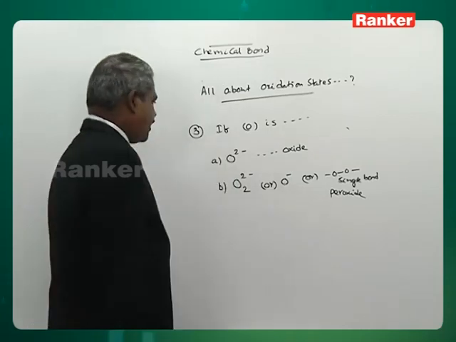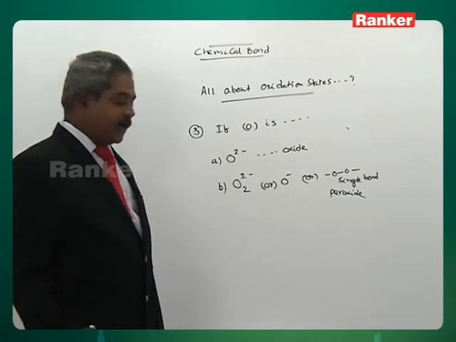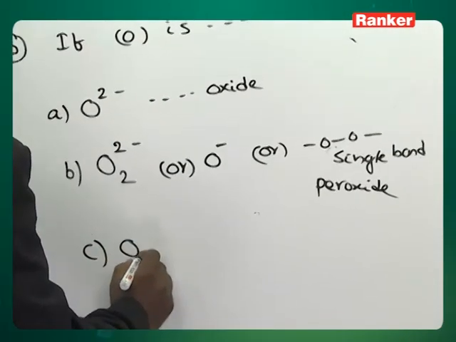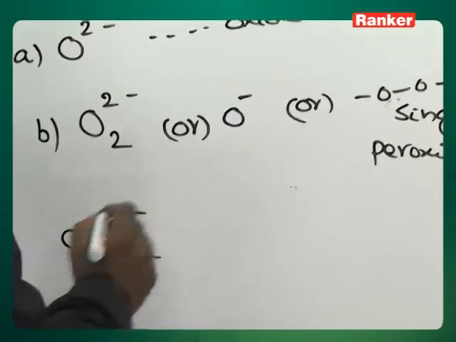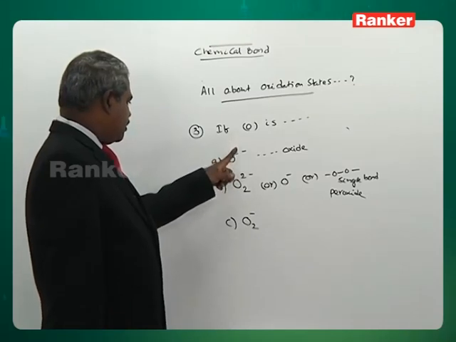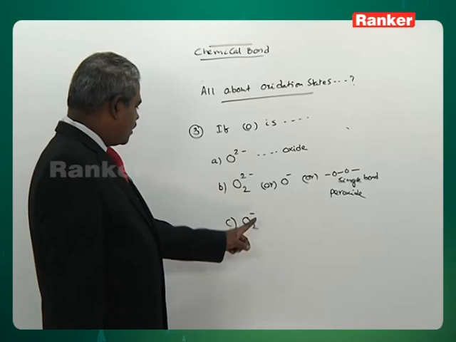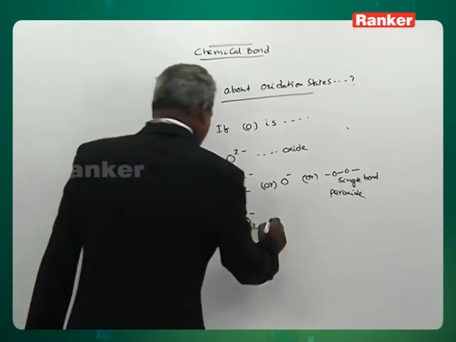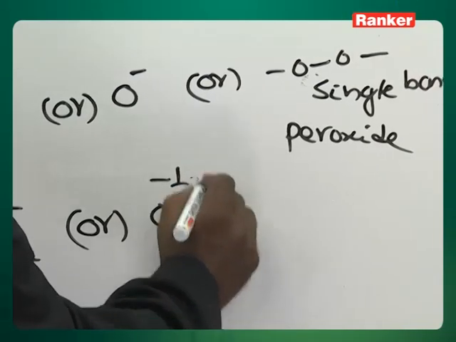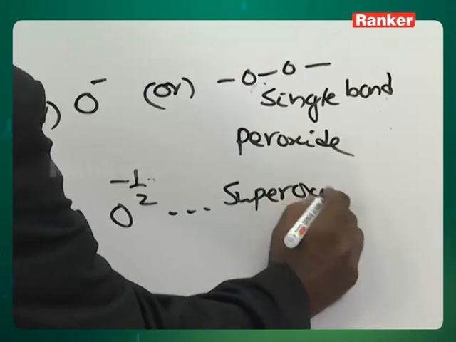If oxygen gets minus 2, it is an oxide. If oxygen gets minus 1, it is a peroxide. And if oxygen gets minus half, that is O2 minus 1. Here 1 oxygen gets 2 electrons, here 1 oxygen gets 1 electron, here 1 oxygen gets half an electron only, or oxygen minus half, it is called a superoxide.